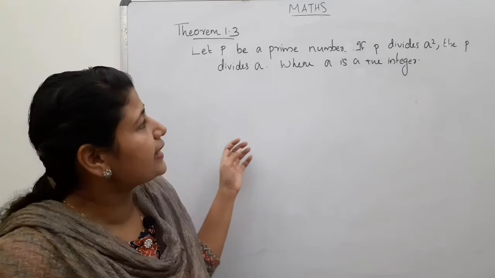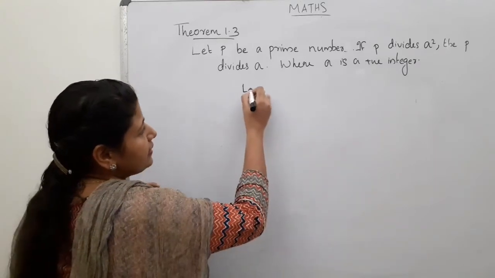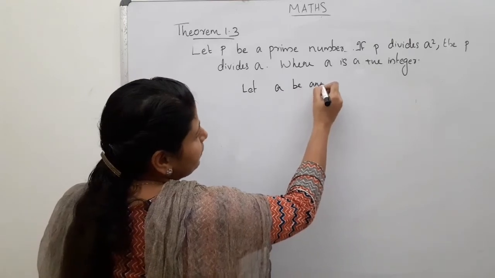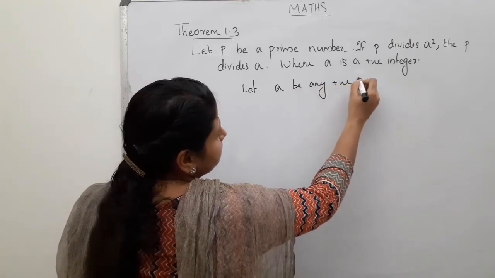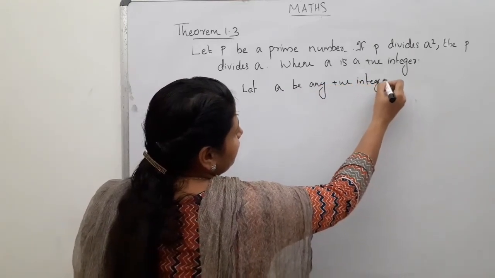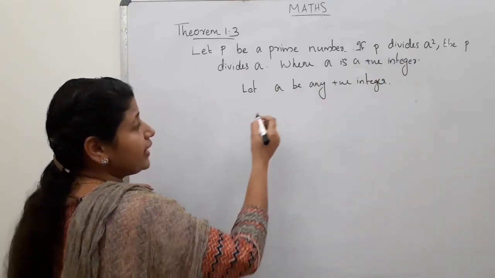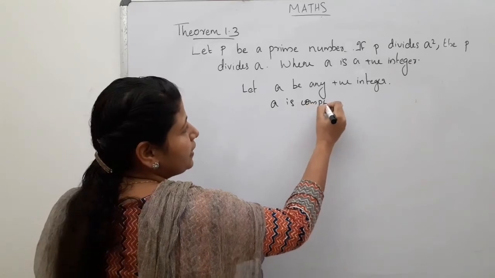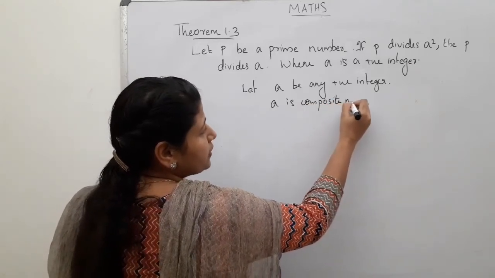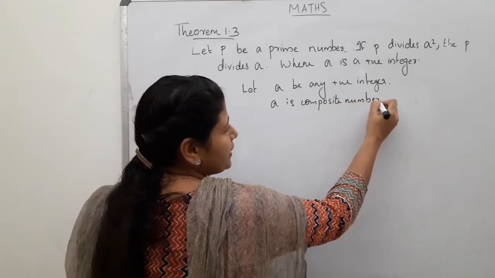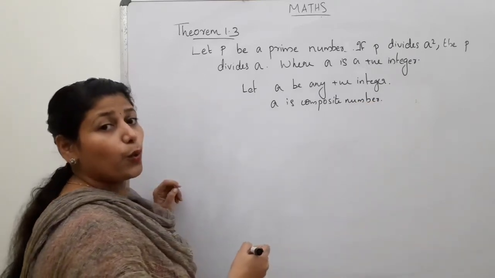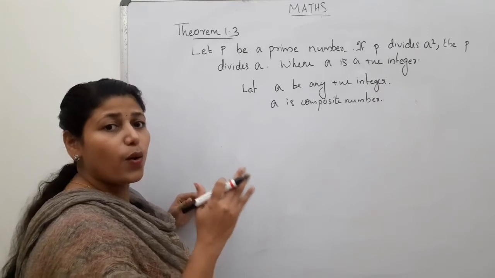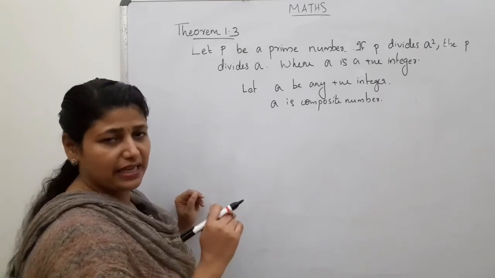So let a be any positive integer, and suppose a is composite. What is meant by a composite number? Composite numbers are those which have more than 2 factors, other than 1 and the number itself.